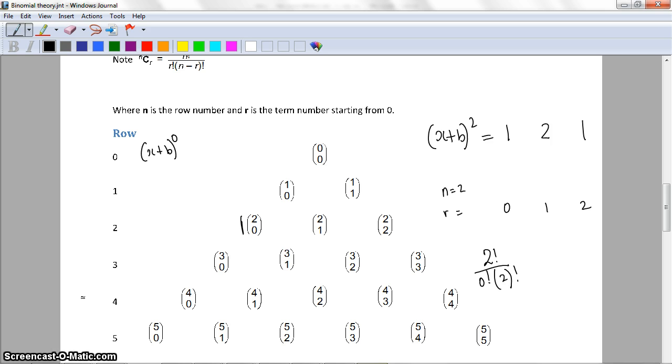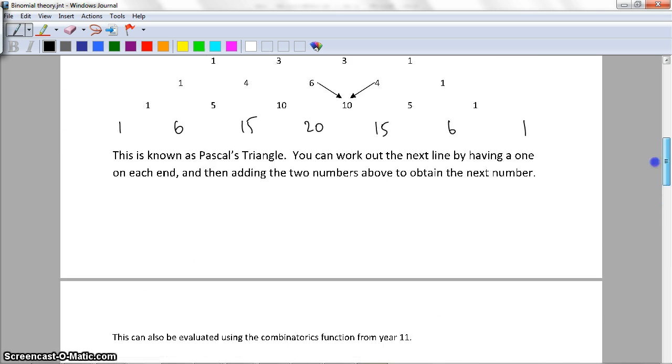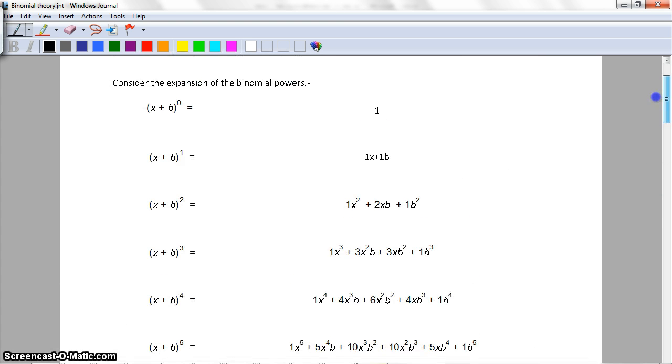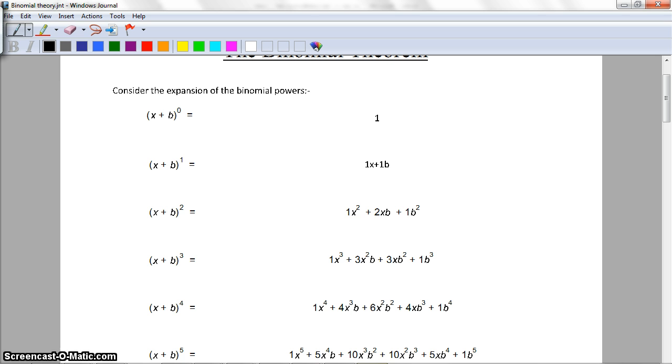So the next thing I want to focus on, again, we're trying to look for patterns. I want to go back up to this thing here, and notice what's happening to the powers on each of these terms. If we look at the first term, x, and the second term, b, what's happening to the powers as we go through this triangle? Hopefully you realize that the powers of x decrease from the maximum at the start down to 0.